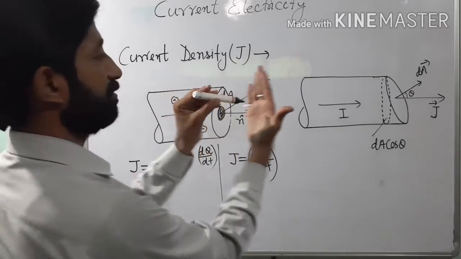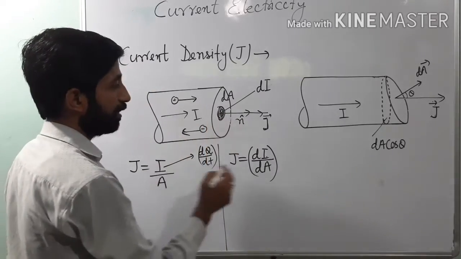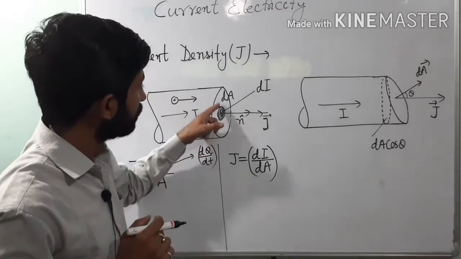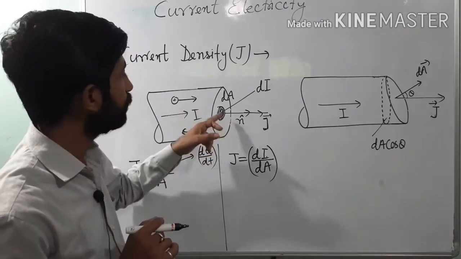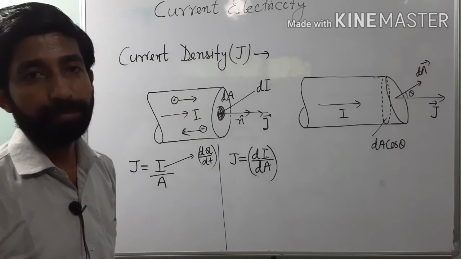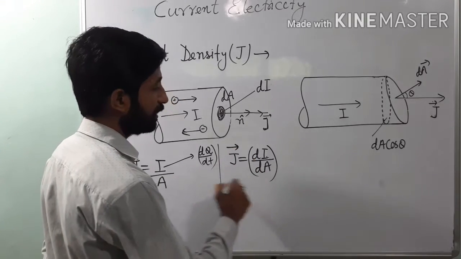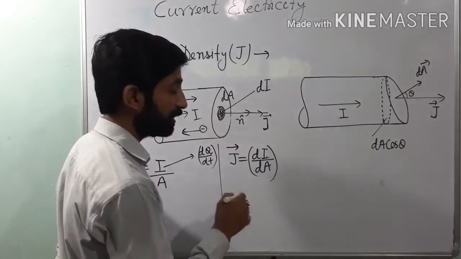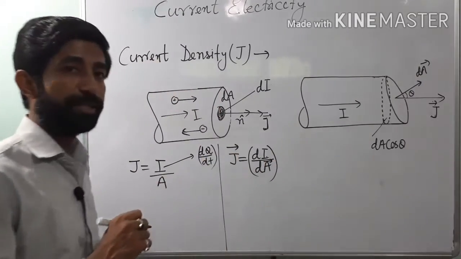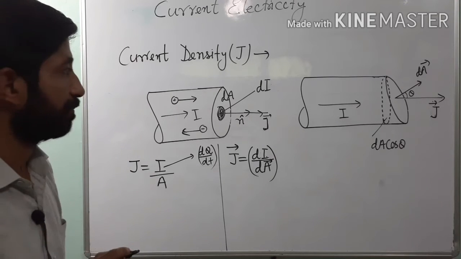So this is the direction of current, and if this is a very small area of dA, then current density of this current through a very small region is given by dI over dA, and current density will be a vector quantity, but current is not a vector quantity, rather it's a fundamental quantity. Now this dA will be a vector quantity, as we did in case of electric flux, that is area vector.